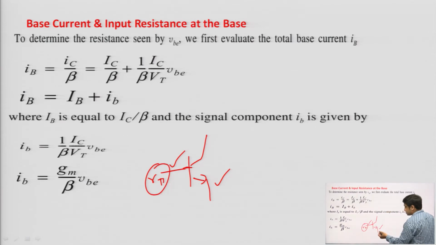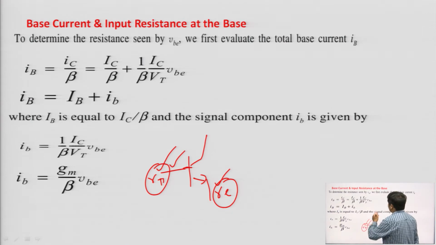When we see the resistance at the emitter end, that resistance is called re. Firstly, we are going to find the values of r pi and re, and then we will derive the relation between r pi and re, fine. Starting with the calculation of the input resistance at the base. Again I repeat, r pi and re are the internal resistances.